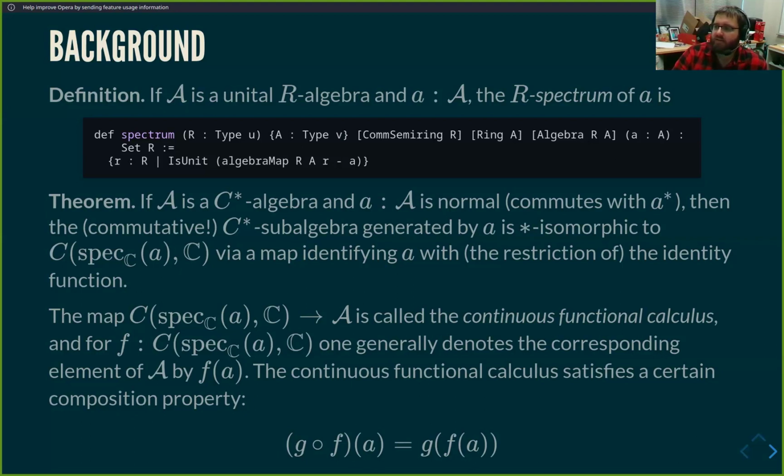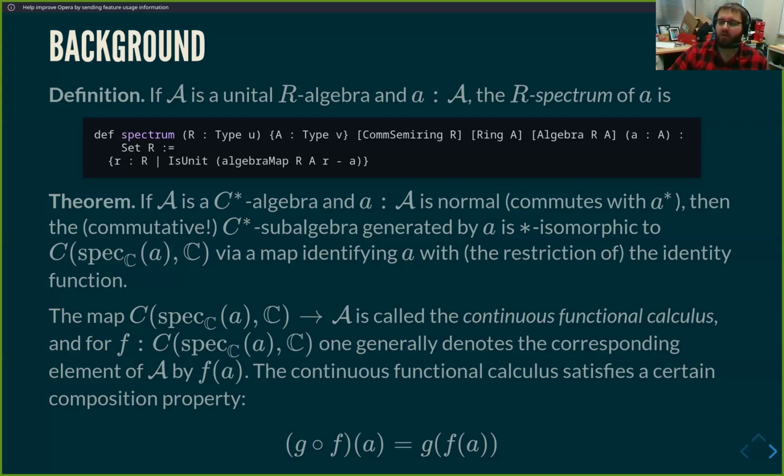And so there's this great fact, which is that if a is a normal element, that is, if it commutes with its star, then the star subalgebra generated by that element is commutative. And so as a result of that equivalence of categories I mentioned, you get an identification with the continuous functions on the spectrum of a into the complex numbers.